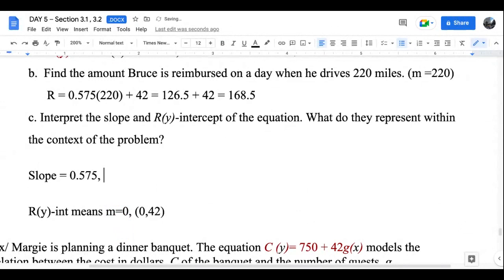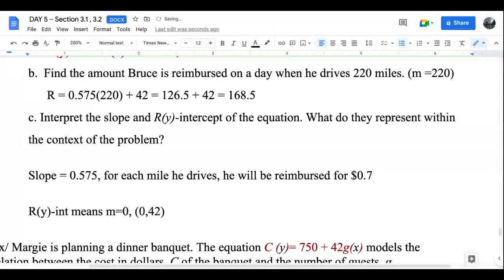This means for each mile he drives, he will be reimbursed 0.575 dollars.